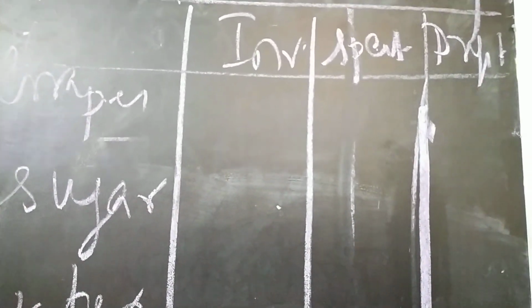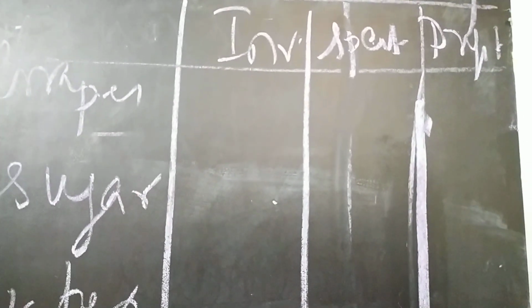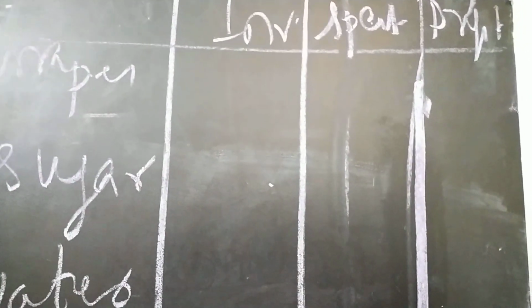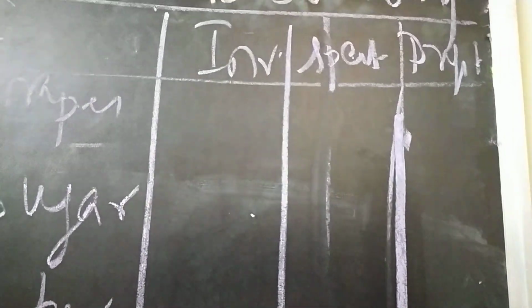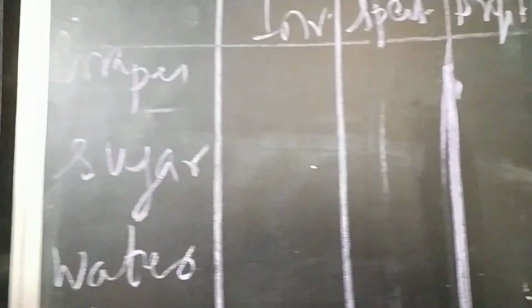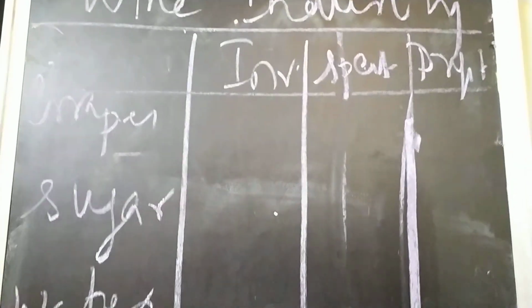The amount spent will of course be the same. Some amount of grapes will go to waste because of quality issues. Then profit, which you can calculate later. Just write everything first, and then you understand how much the cost of each will be. Then we'll do a review of this.